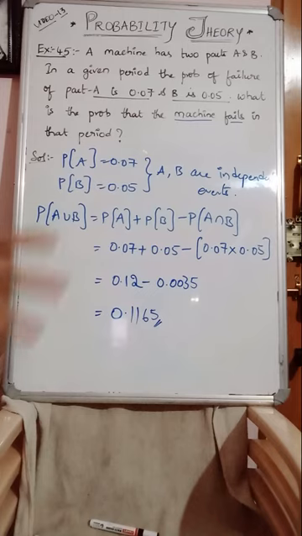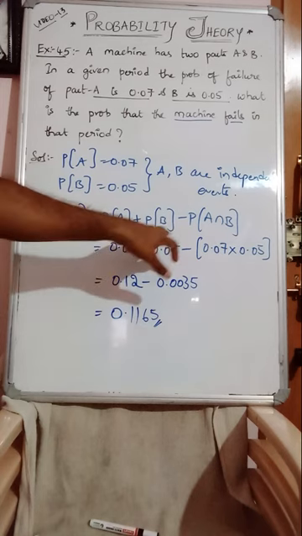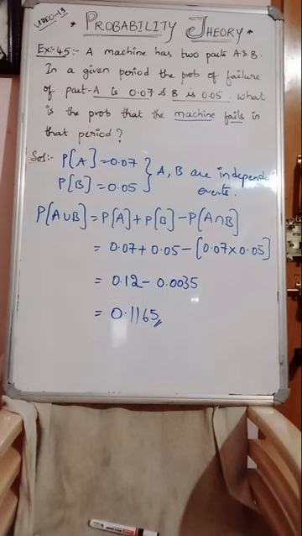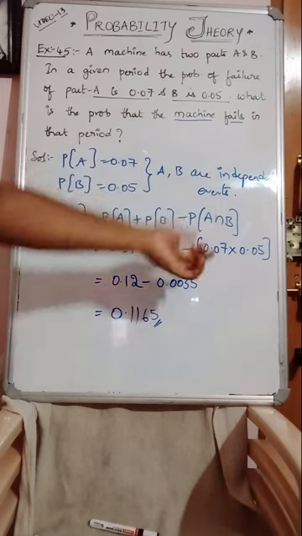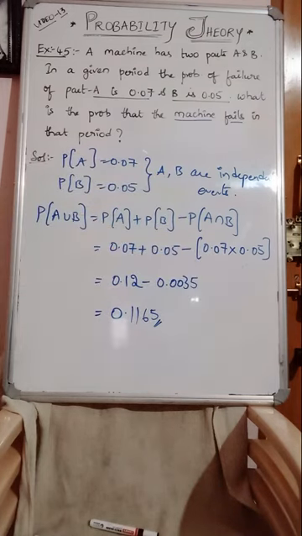They are not separate; there is a link. That's why it is a non-exclusive case. P of A union B equals P of A plus P of B minus P of A intersection B. Substitute those probabilities, and since A and B are independent, we have taken the product here. Independent events means the product has to be taken. Clear? So finally the solution is this one.